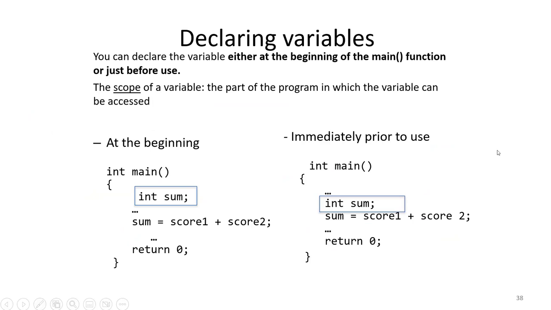A couple more things to note about declaring variables: you can declare the variable either at the beginning of the main function, or you can declare the variable right before you're going to use it. As long as the variable is declared before it is used, then you're okay. We use a term called scope to describe the part of the program in which the variable can be accessed.